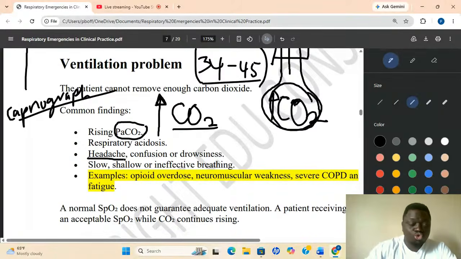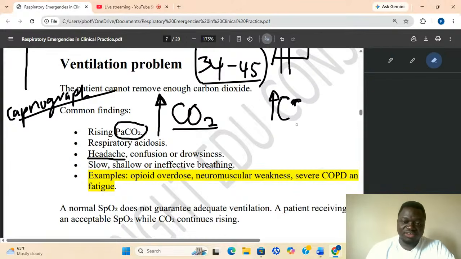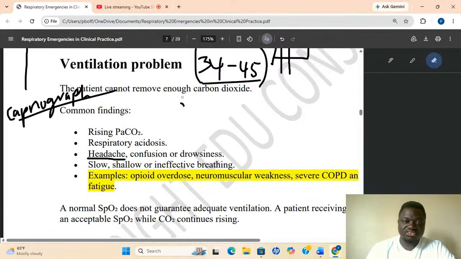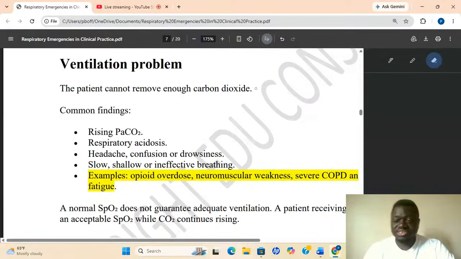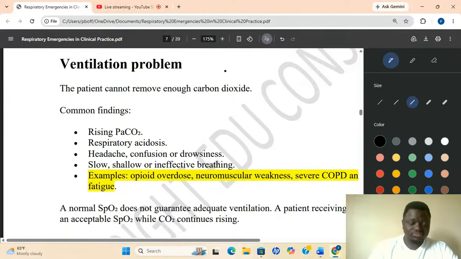Let me take my time to explain this to you. Shallow or slow breathing, we mostly see this in COPD patients. And if you're not careful, they will become unconscious.